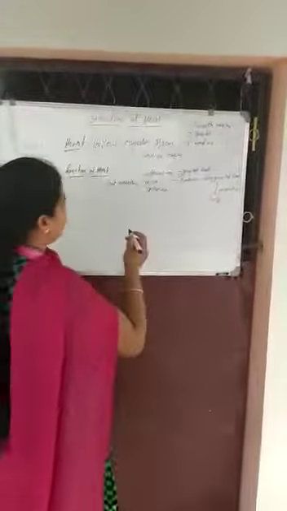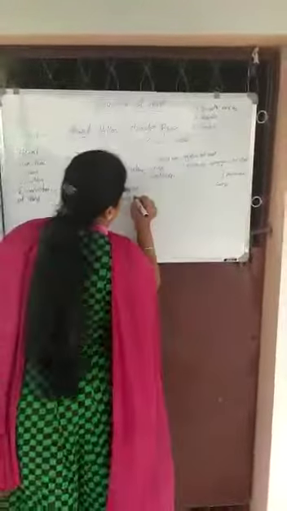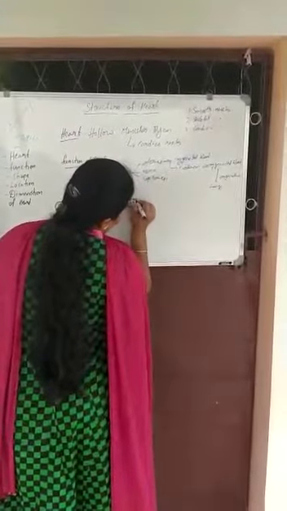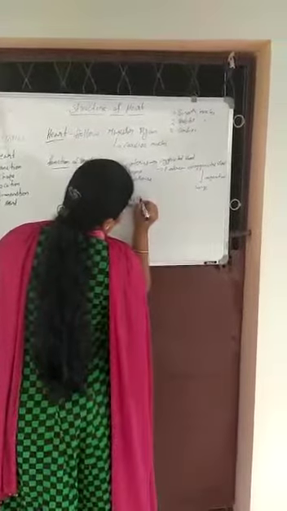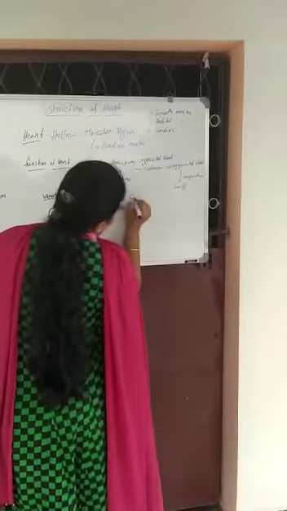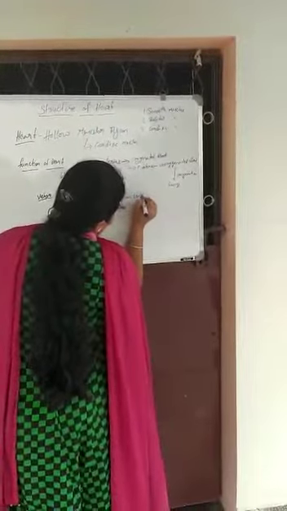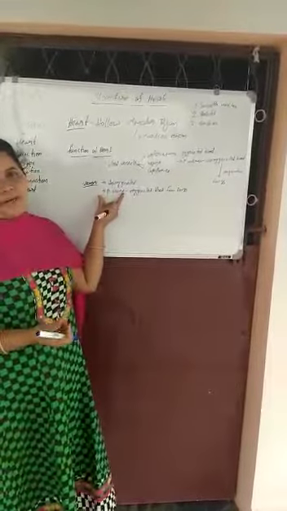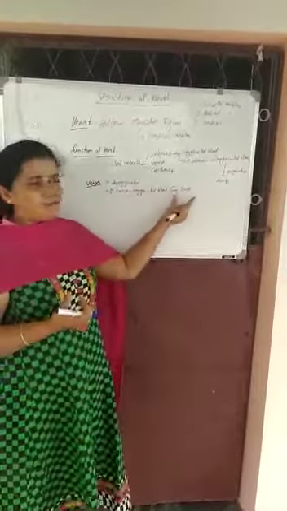So what type of blood does the pulmonary vein bring? Oxygenated blood from the lungs to the left ventricle.